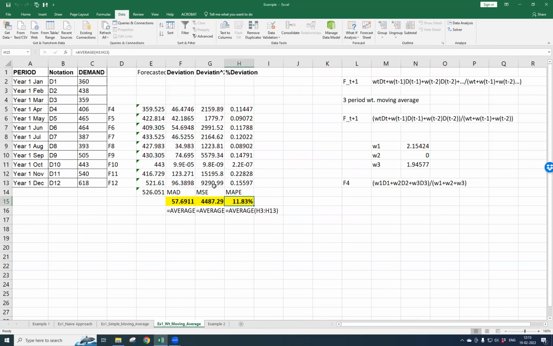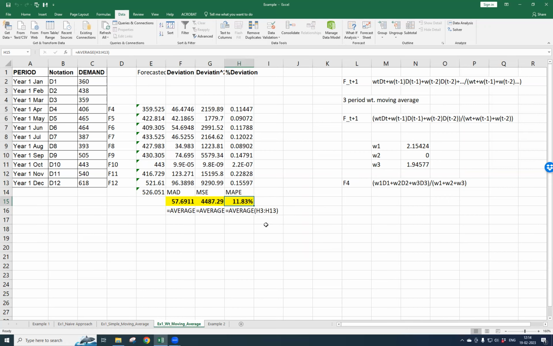This is what Solver has identified: if you use a weight of 2.15 for weight 1, weight 0 for weight 2, and 1.94 for W3, it gives the best MAPE value, which happens to be 11.83. Now, please note that the MAPE value we have calculated here is not the exact best solution.